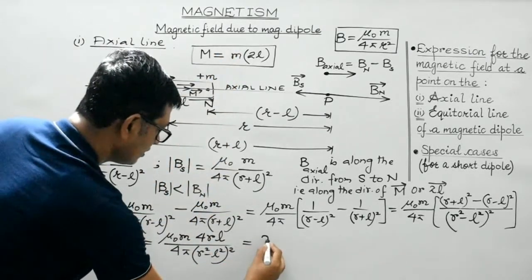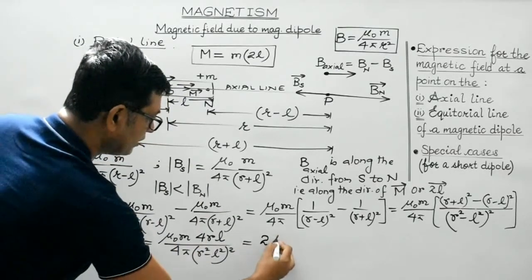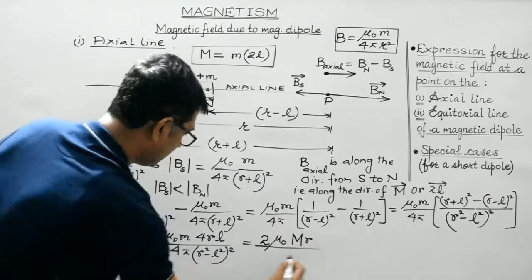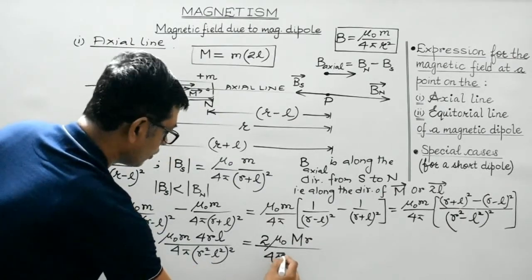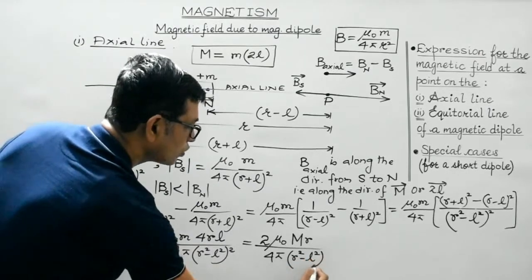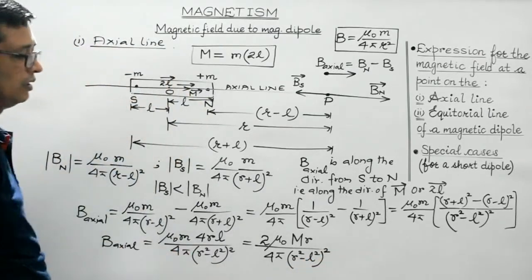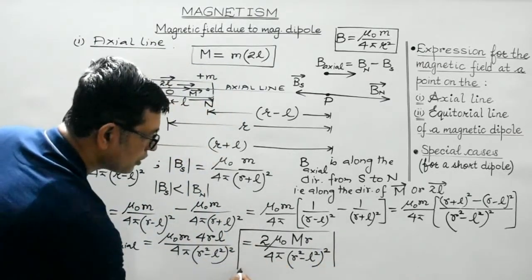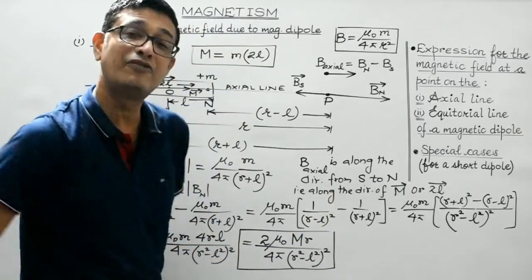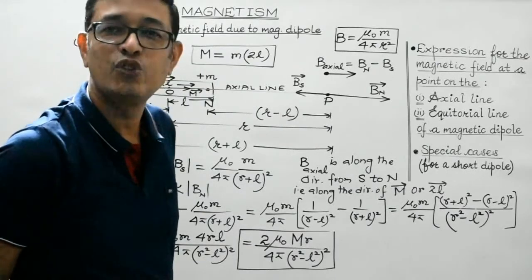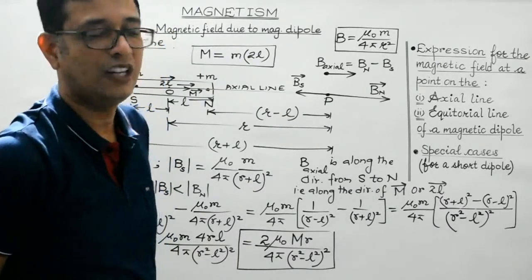So what we get is 2 will be left: twice mu naught M R divided by 4 pi, R square minus L square whole square. So students, this is the expression for the magnetic field at a point on the axial line due to a magnetic dipole, right?